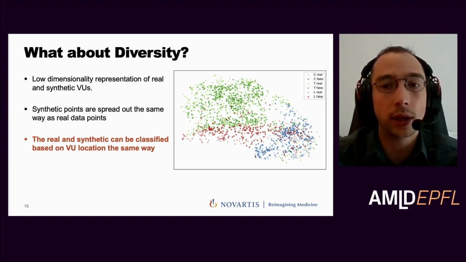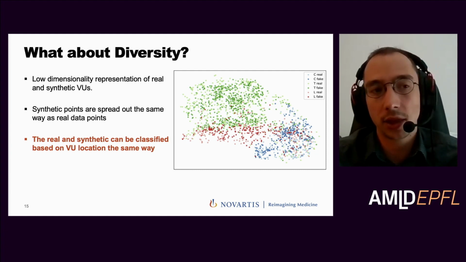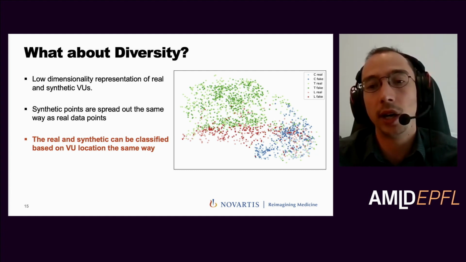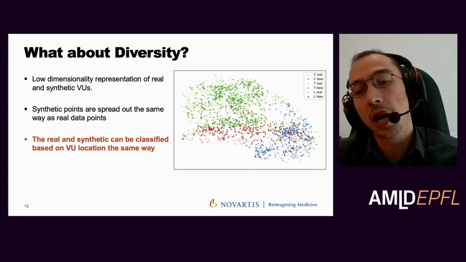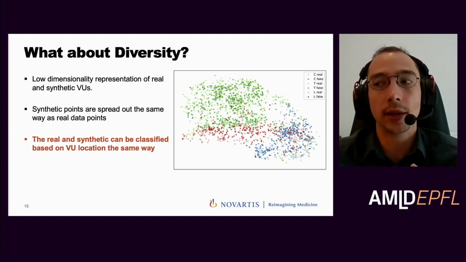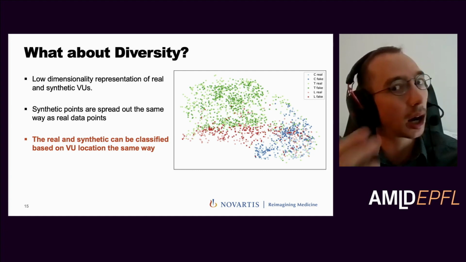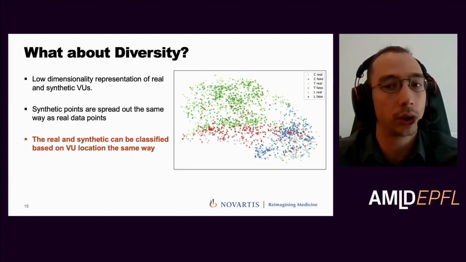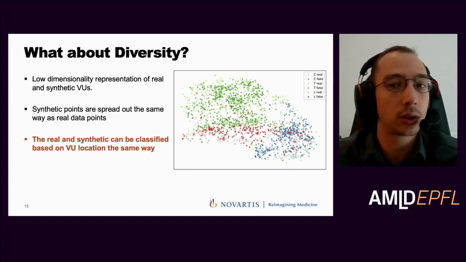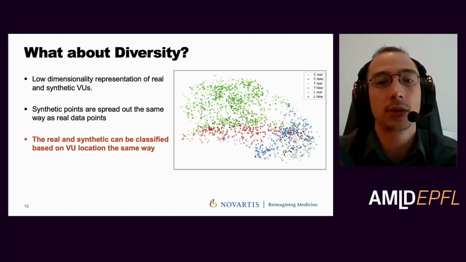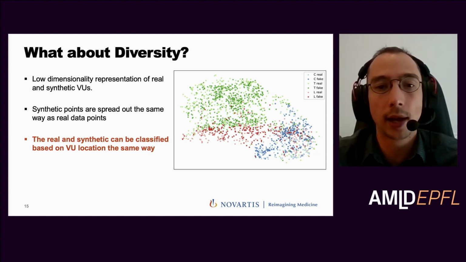So here the dark points are synthetic samples and the light points are real samples. And what you see is that in general, the span and the breadth of what's covered by the distributions are similar from one type of data set to the other. We got this representation by projecting with a UMAP.